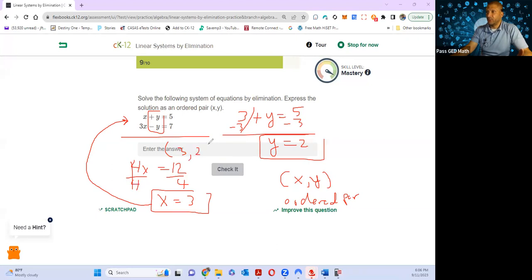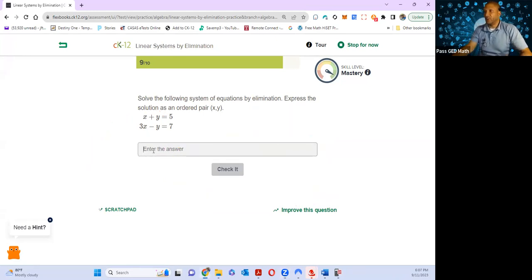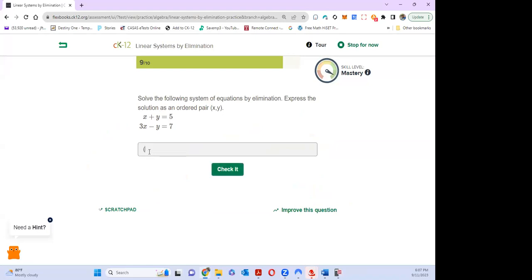Every ordered pair solution of a system of equations must have an x and a y. If they ask you for x, then you just put an x. If they ask you for y, you just put y. So let's check it. I say 3, 2, right? Check it.